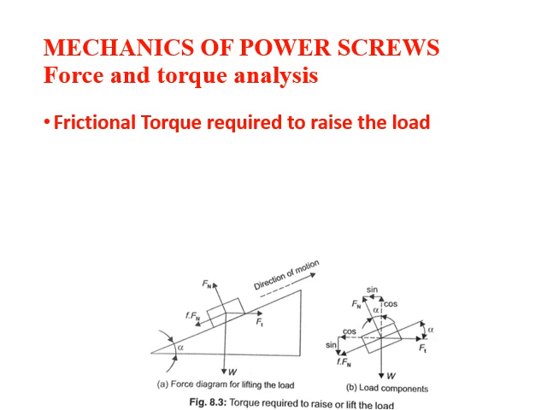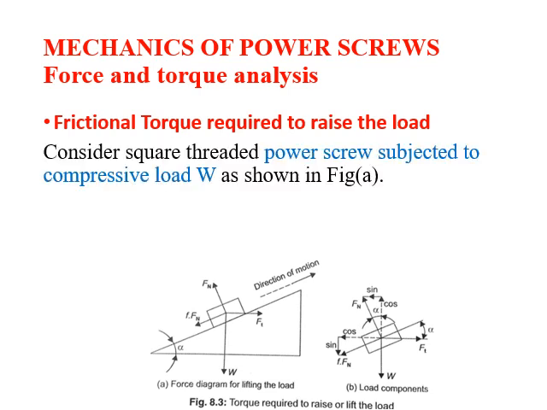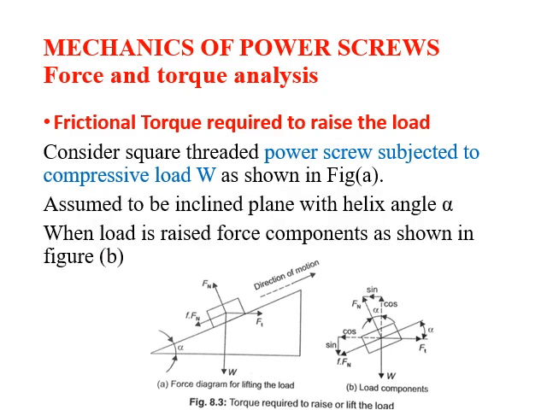So coming to the derivation of the frictional torque required to raise the load, we look at the sketches that you have been shown. Consider a square threaded power screw subjected to a compressive load of W, as shown in the sketch in figure A. Then it is assumed to be an inclined plane with a helix angle of alpha.